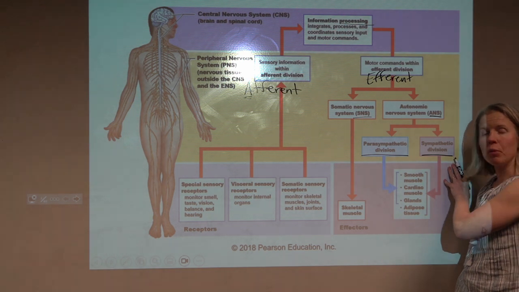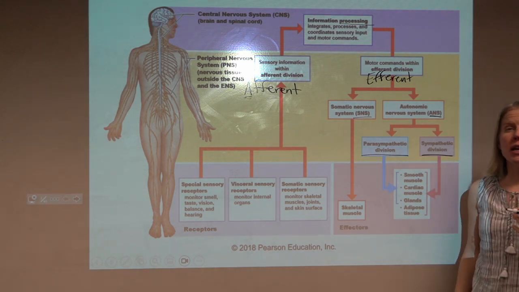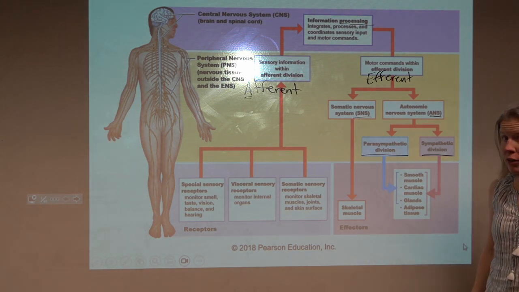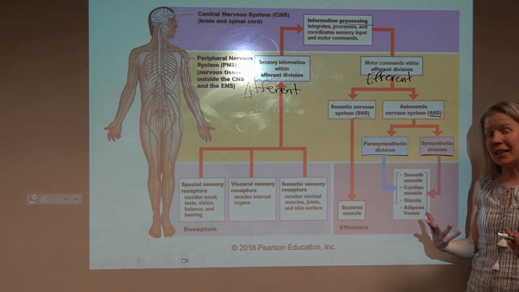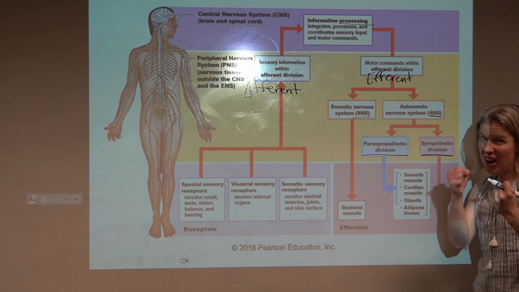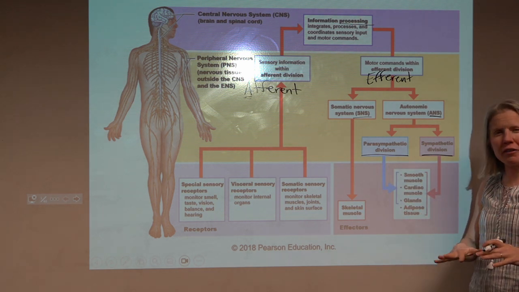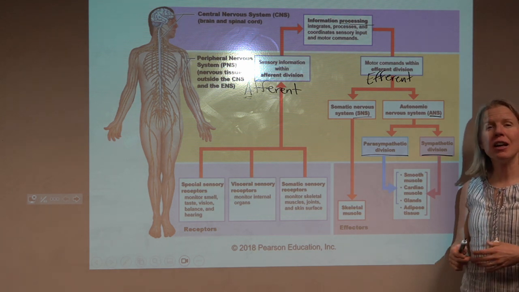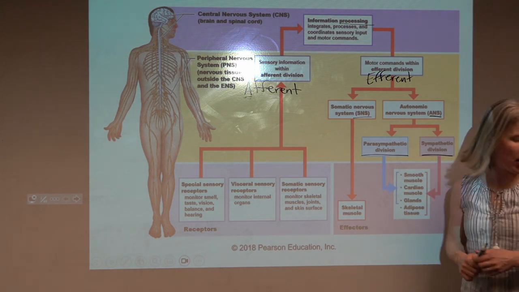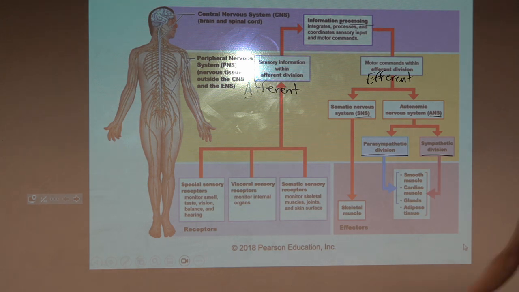You may have heard of this before. The sympathetic nervous system is referred to as your fight or flight response. The parasympathetic nervous system basically does the opposite. Instead of getting ready to fight, right, it calms everything down. We tend to think of this as encouraging rest and digest. Let me show you what I mean.